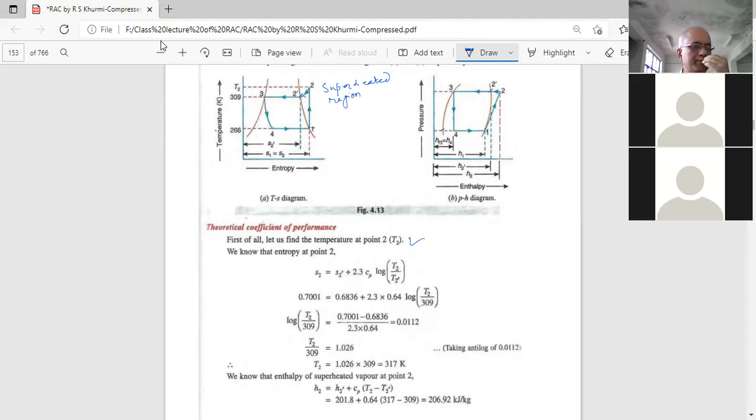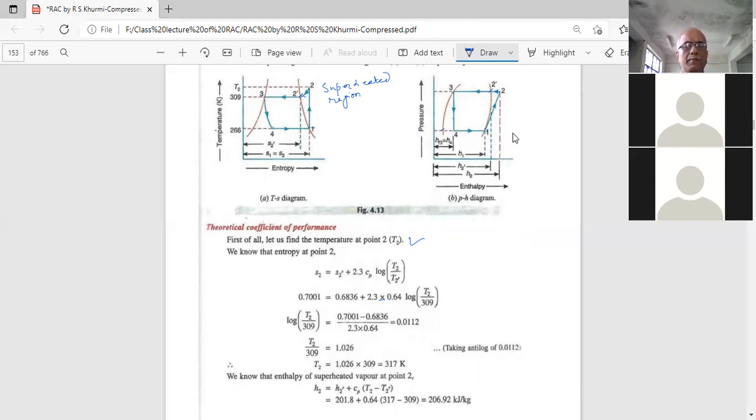the specific heat of superheated refrigerant vapor, multiplied by log T2 divided by T2 dash. So you put the value of S2, which is given as 0.7001, and S2 dash, which is equal to 0.6836, plus 2.3 into 0.64 log, and T2 dash is given as 309, but T2 is unknown to us.